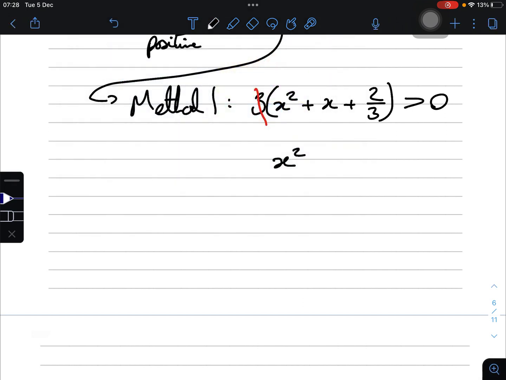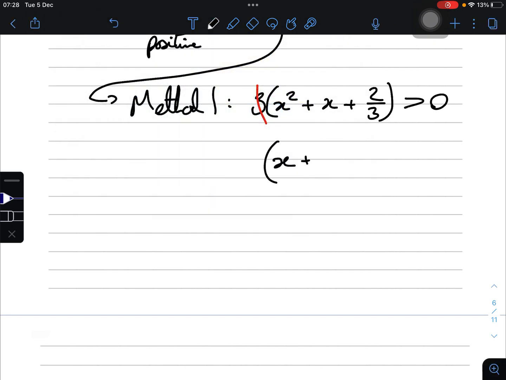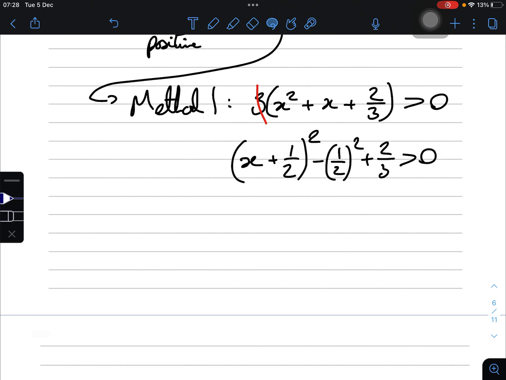So let's complete the square with the inside bit here. We need half the middle term, so we need half of this 1 here. So we need (x plus a half) squared minus that half squared plus 2 over 3, and we want to show that's greater than 0.